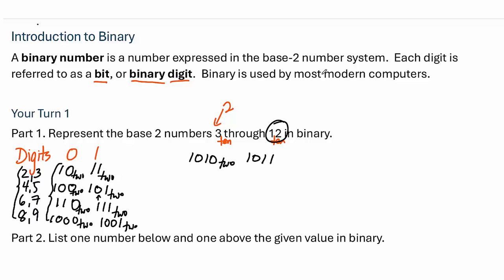Okay, so that would be the values 10 and 11 in base 10. And then they wanted us to go up to 12, so we're going to go one more. This is like having 1099. We have to roll over to 1100 in base 2, and we're done. So we represented all the values from 0 up through 12 in base 10 as binary numbers.